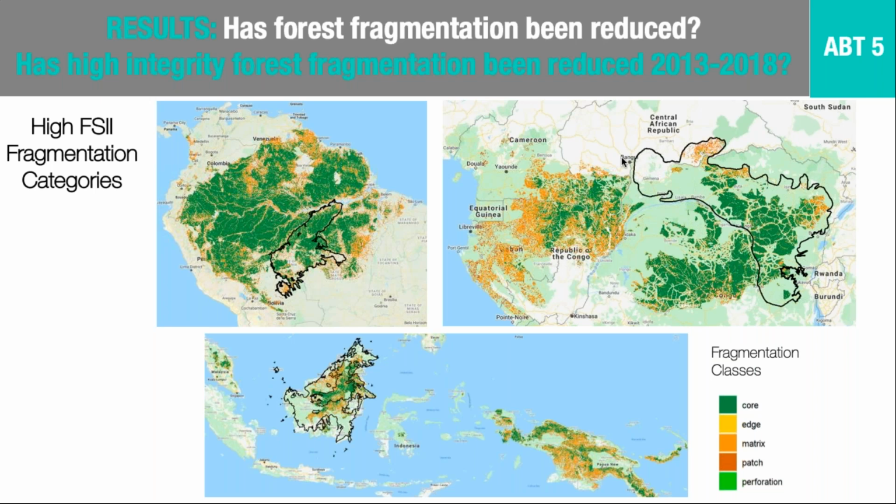So you can see the large scale patterns of fragmentation in these maps. And you can also see that core forest varies considerably across these ecoregions. And this is showing an analysis using a 500-meter edge assumption. And it also ignores very small gaps, so those that are less than 1 hectare in size.